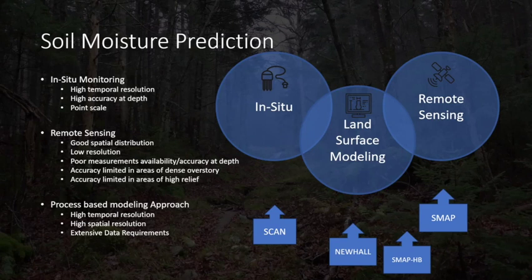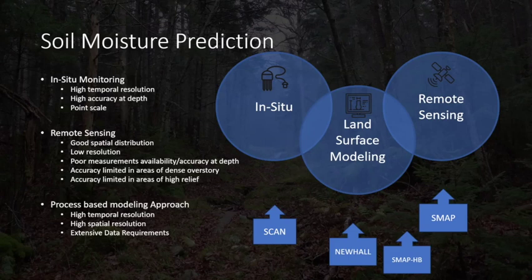Their accuracy tends to be limited in areas of dense overstory, so the forested landscapes that we're interested in are issues for these remote sensing platforms. And their accuracy is also limited in areas of high relief. Slope and aspect cause issues as well. Of course, there are methodologies that they put in place to get more accurate measurements, but the environments that we're interested in are an issue for remote sensing.